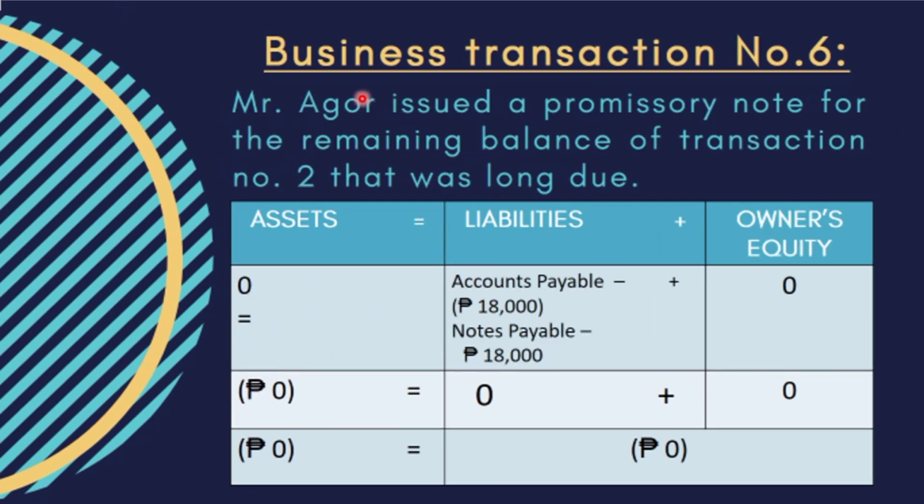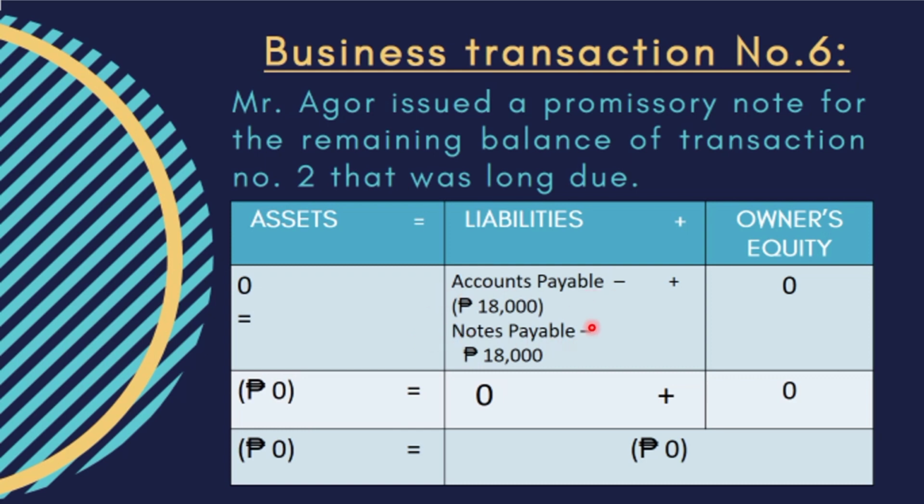Business transaction number 6. Mr. Agor issued a promissory note for the remaining balance of transaction number 2 that was long due. So again, our first step is to identify what are the account titles that are involved in the transaction. For transaction number 6, the account titles that are involved are accounts payable and notes payable.